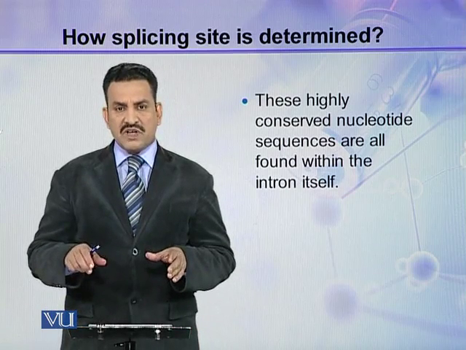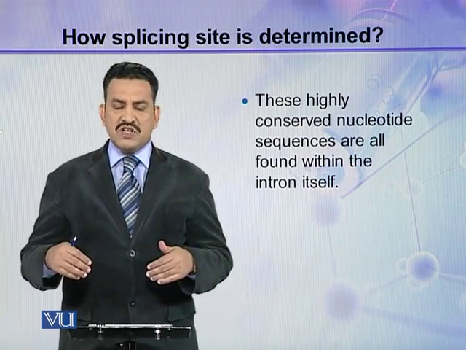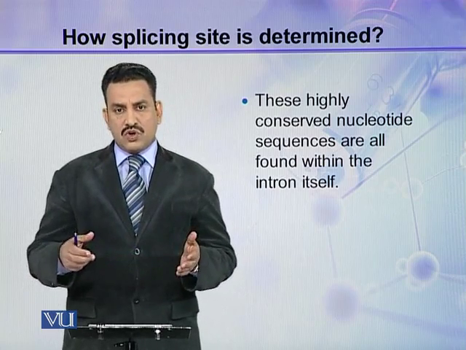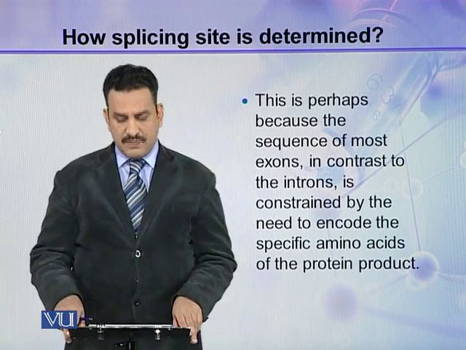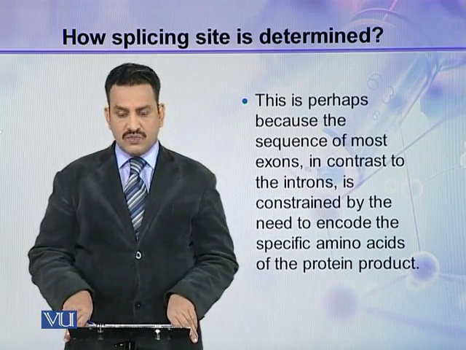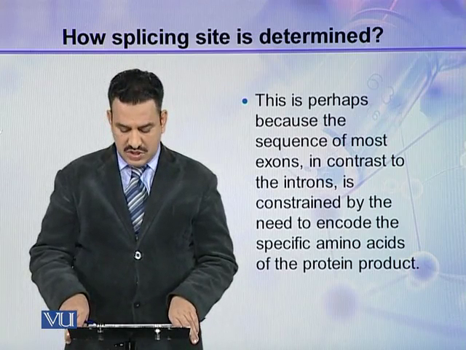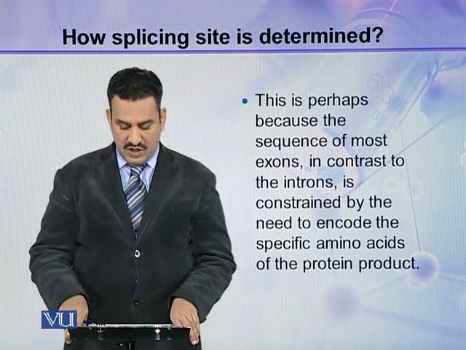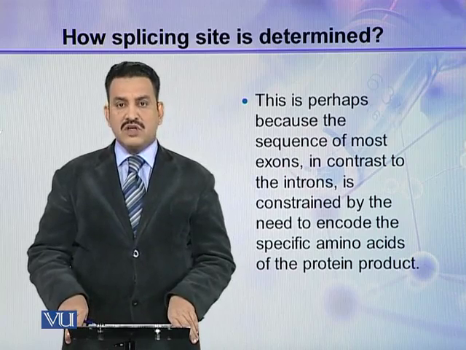These sequences are not present in the exons because exons have to be translated into proteins. So these should not be present in the exons. This is perhaps because the sequence of most exons, in contrast to the introns, is constrained by the need to encode the specific amino acids of the protein product.